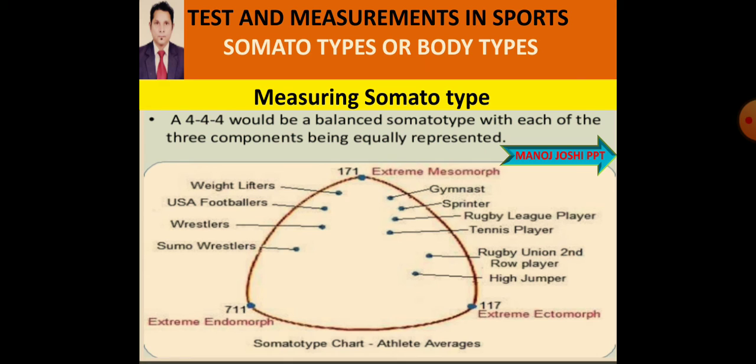The rating for the balanced somatotype is 444, in which the various characteristics of the body types are included in the somatotype. Mostly in athletes this somatotype is seen.